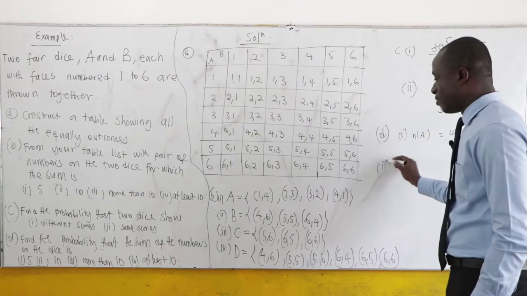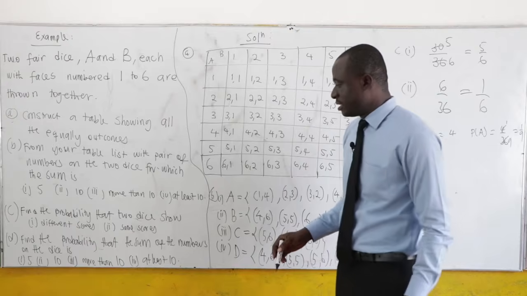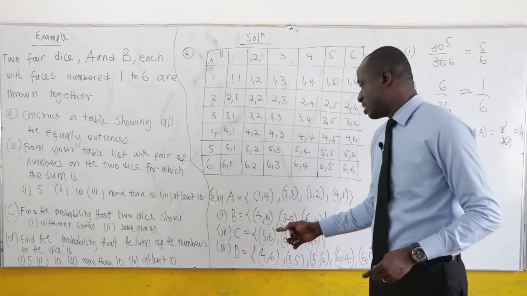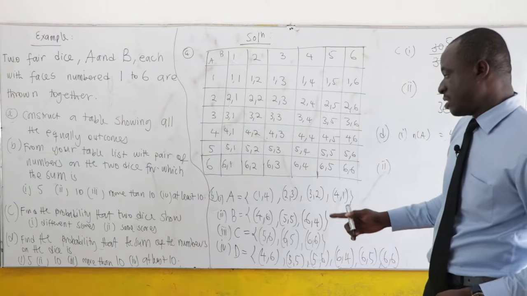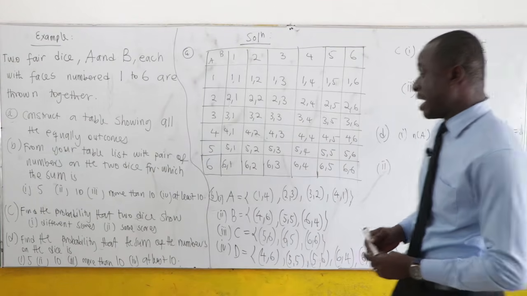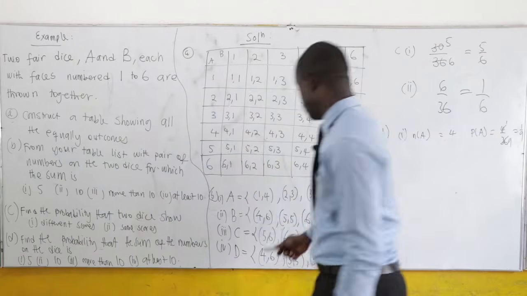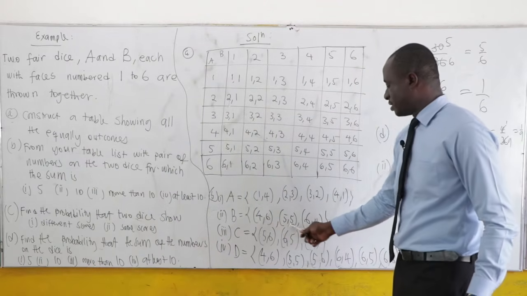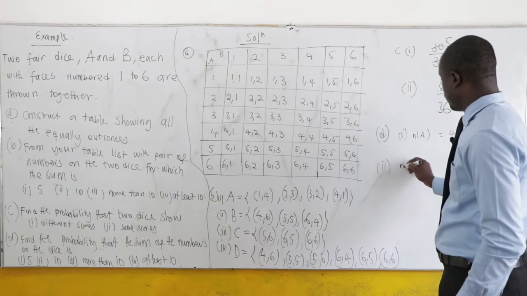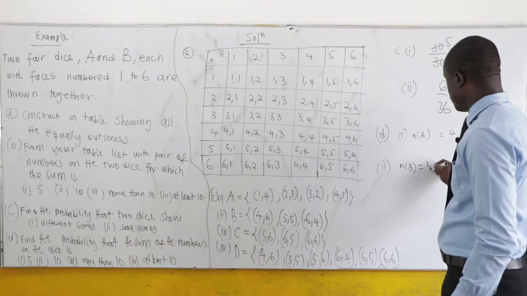Now let's see the second one. It is saying the sum of the numbers is more than 10. The (ii) says 10. For it to be 10, we have 4,6, 5,5, 6,4. So you have 1, 2, 3. So our number of B is equal to 3.